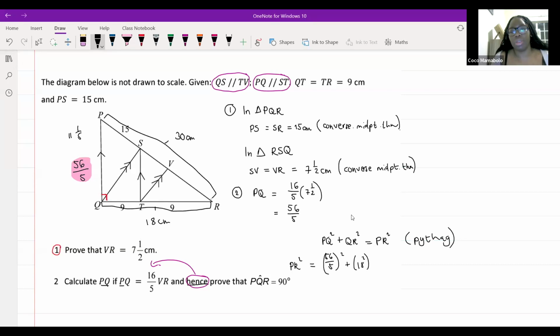So let's calculate for that. PR is going to equal the square root of 56 over 5 all squared plus 18 all squared. Punch that into a calculator. It should give us 30. We are just confirming.